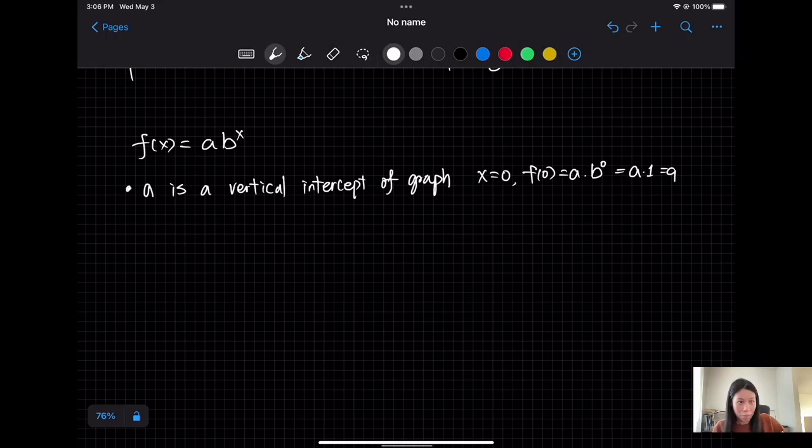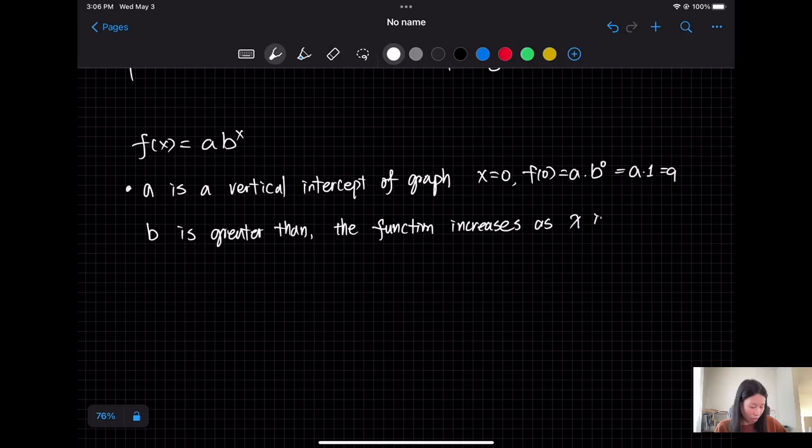Secondly, b determines whether the function increases or decreases. If b is greater than 1, the function is going to increase as x increases.